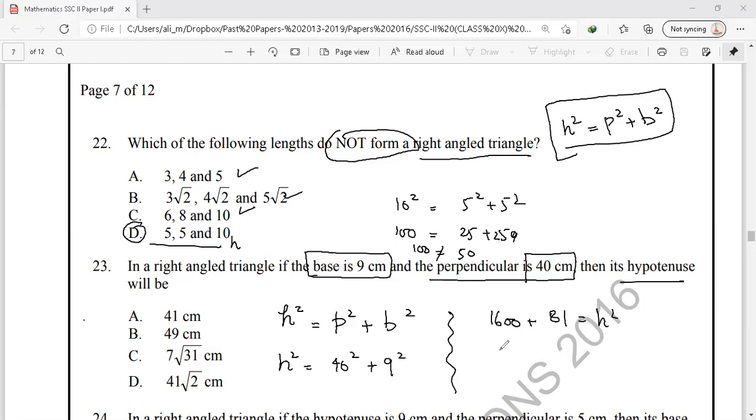If we add these two terms, we get 1681, which is equal to h square. If we take the square root on both sides, h is the square root of 1681, so we get h equals 41. So the correct option for question number 23 is option A.